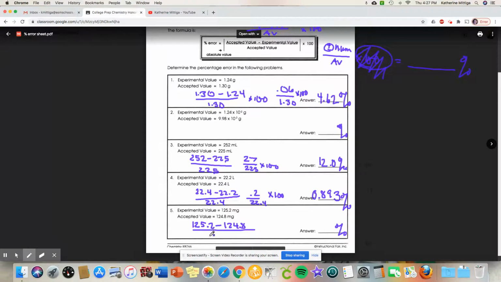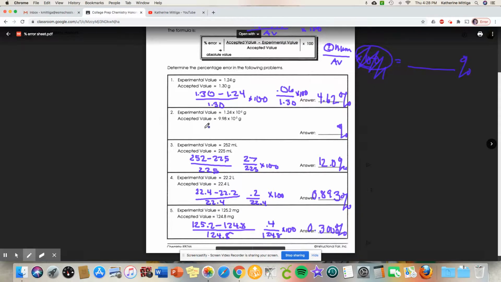Of course, this answer key did not give it to 4 sig figs. When you do your subtraction, the difference is 0.4 over 124.8 times 100. If you should really have 4 sig figs, it should be 0.3000. That seems ridiculous. I'll give you that one.